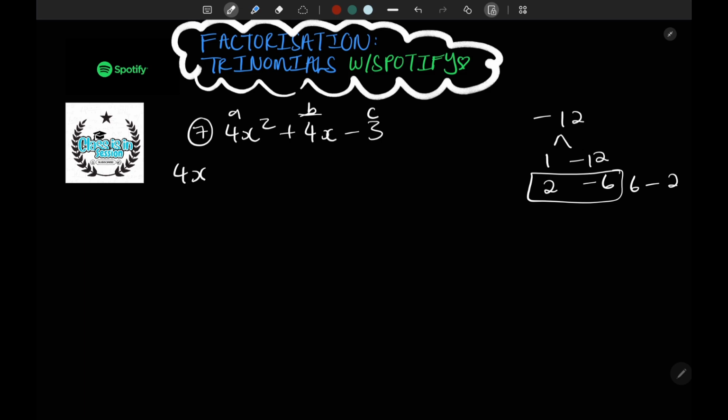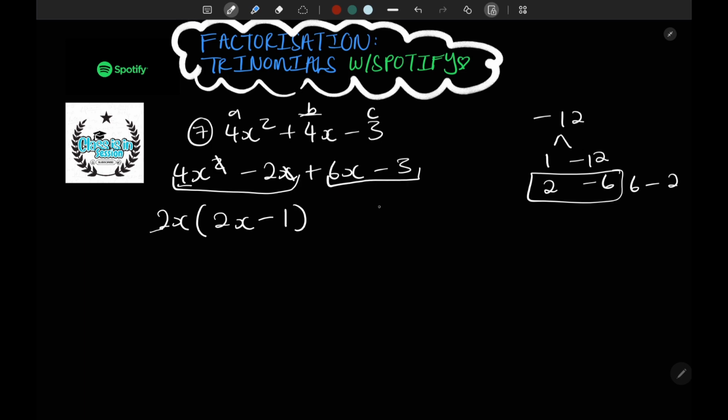So let's write this as 4x squared minus 2x plus 6x minus 3. Let's factor this part out. What's the highest common factor? 2x. Open a bracket. 4 divided by 2 is 2. You take out 1x, you have 2x here. Negative 2 divided by 2 is negative 1, and x, these cancel each other out, so you're left with 1.